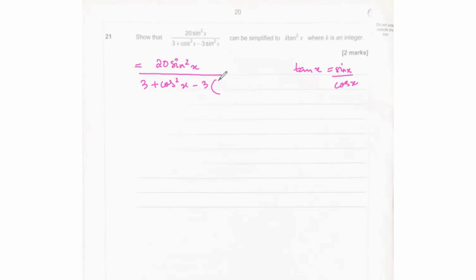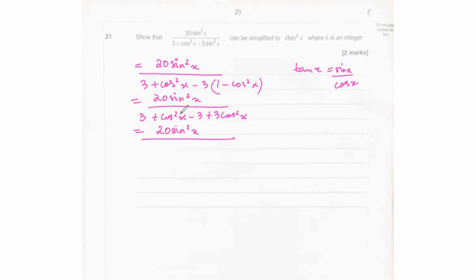So sine squared x becomes 1 minus cos squared x. So that's 20 sine squared x over 3 plus cos squared x minus 3 plus 3 cos squared x. That's going to be 20 sine squared x over 3 minus 3 is 0, and cos squared x plus 3 cos squared x is 4 cos squared x. Sine squared x over cos squared x is tan squared x, and 20 divided by 4 is 5. So 5 tan squared x is your answer.